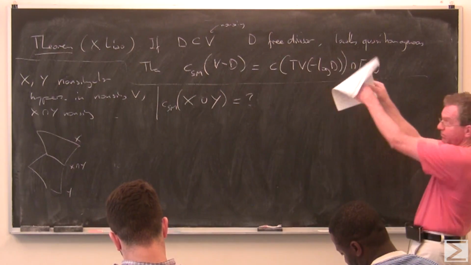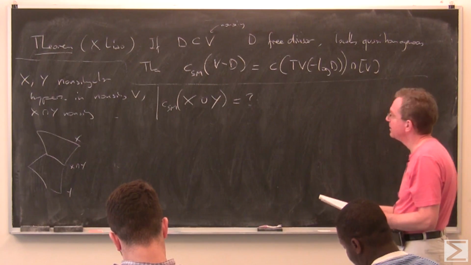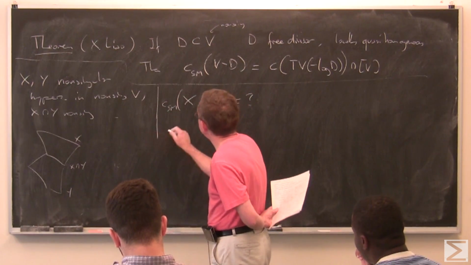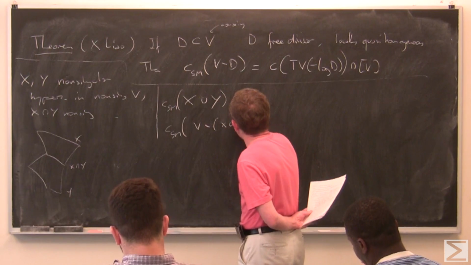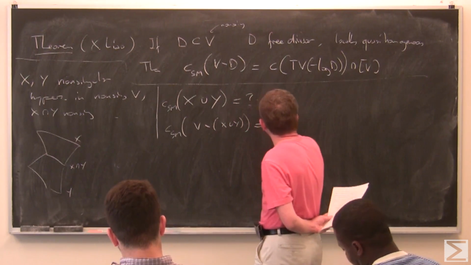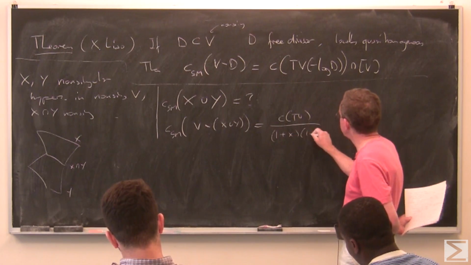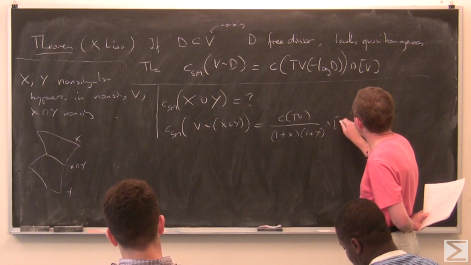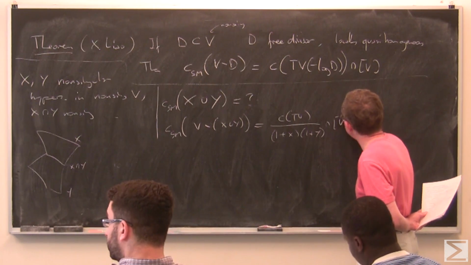So I was going to do a computation in the style of what we have just seen, but in fact I can at least cheat a little bit. After all, I've just computed the complement of this. Right? So now it would be c(TV) (1+X)(1+Y) cap [X union Y]. Sorry, cap.